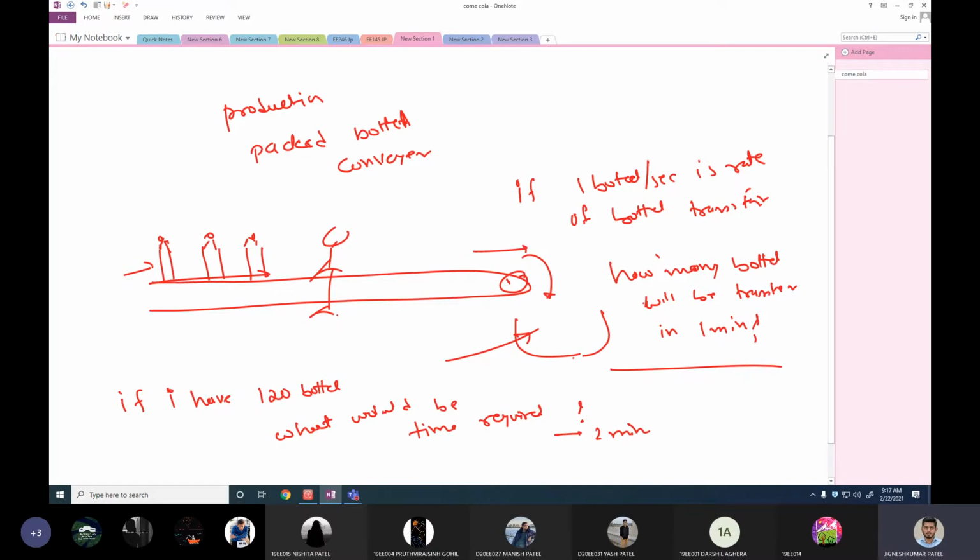You again know that it is one bottle per second. But now what I have to find out is the time, and I have the number of bottles, so I know 120 is the number of bottles. That's a very easy question.